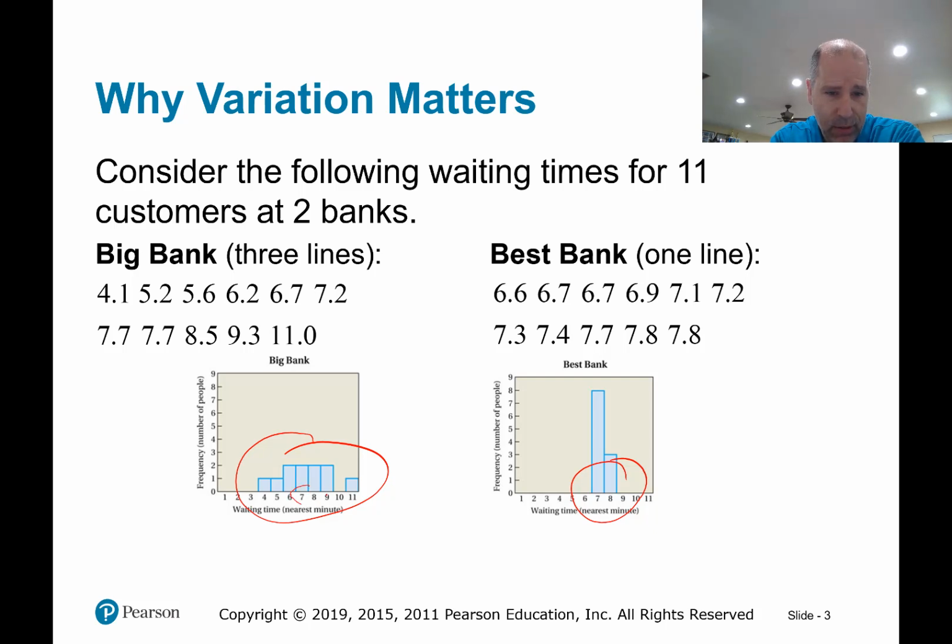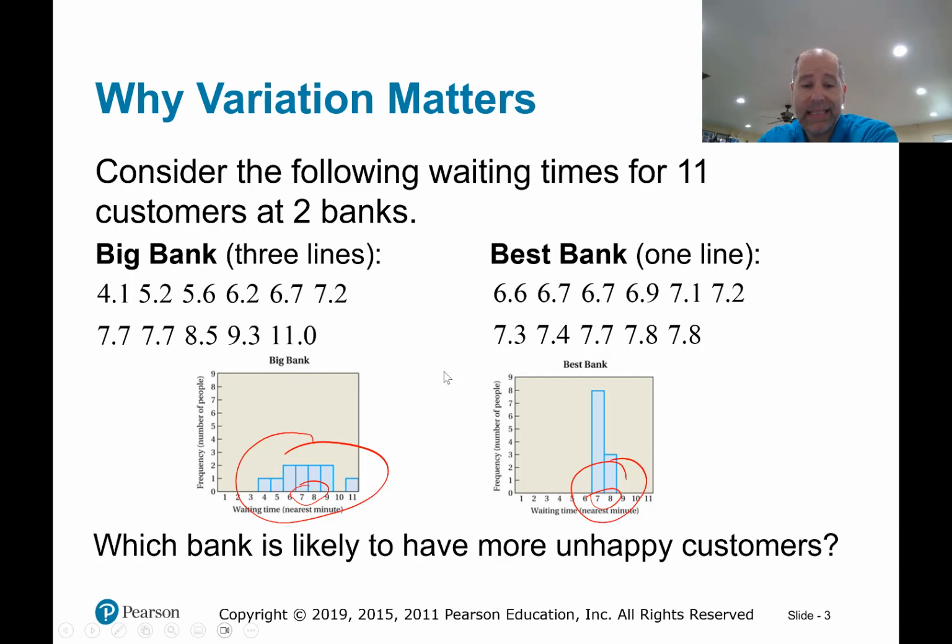They're both centered in the same spot. So they both have the same center, it looks like, but definitely one is more spread out than the other. One has more variation in the waiting times than the other, right? So Big Bank has higher variation than the waiting times at Best Bank.